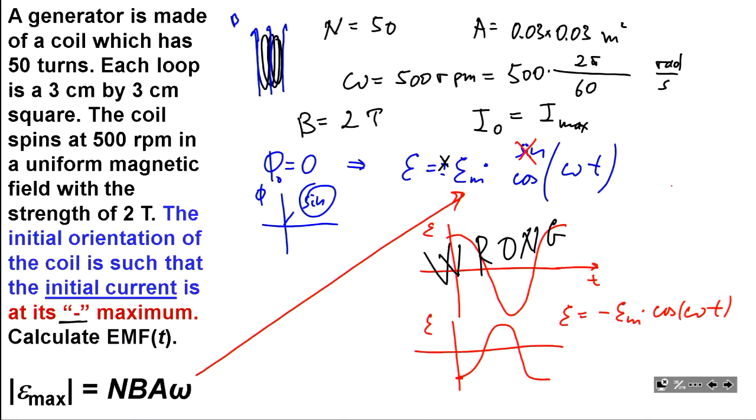Now we can check the graph for the flux. The flux begins from 0, and in a fraction of a second EMF is negative, which makes the slope of the flux positive.